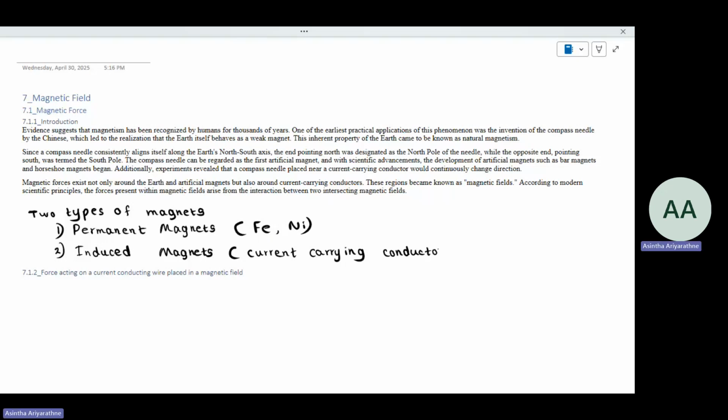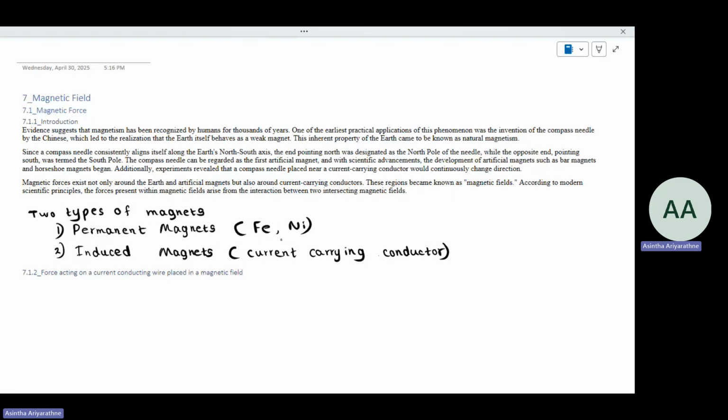If the current flow is suddenly stopped, the magnetic properties of that conductor are also lost. Only if the current flows through the conductor will these magnetic properties be there. That's why they call it an induced magnet.